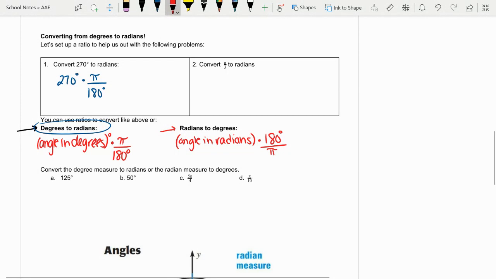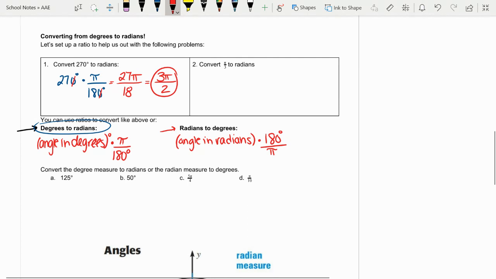We should be able to do this without a calculator. We want to leave our answer as a fraction and not a decimal. First I'm going to cancel out the zeros, and I get 27 pi over 18. And I know that 9 can go into both of these. So 9 goes into 27 3 times, and 9 goes into 18 2 times. So that would be my answer, 3 pi over 2.